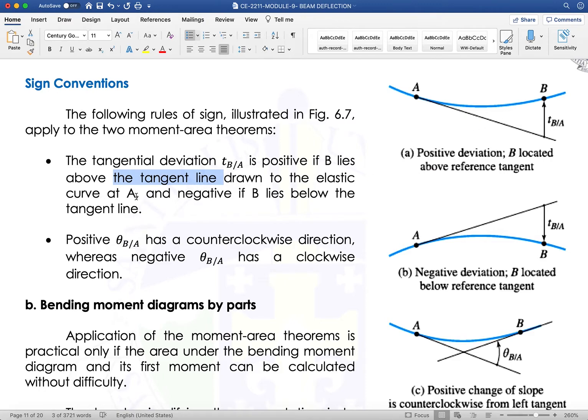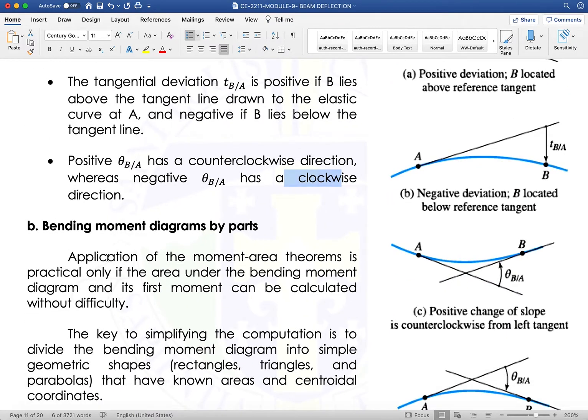And negative if B lies below the tangent line. If this is the tangent line, B is below the tangent line, it is negative. So positive theta B with respect to A has a counterclockwise direction, whereas negative theta B with respect to A has a clockwise direction. Theta B with respect to A is counterclockwise. Negative theta B with respect to A is clockwise in direction.